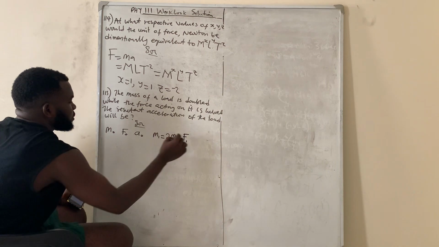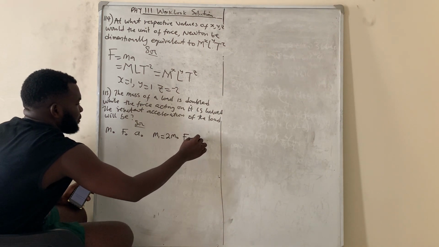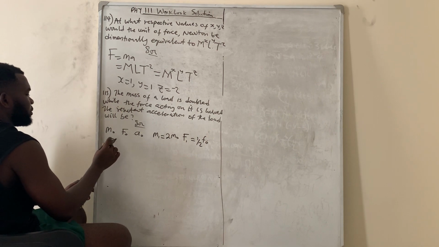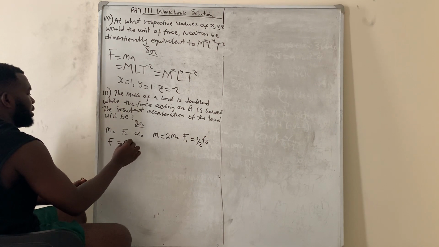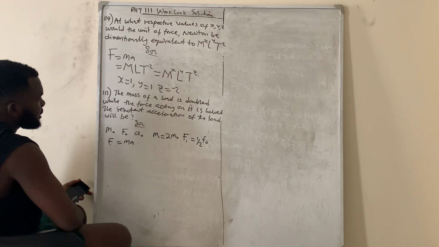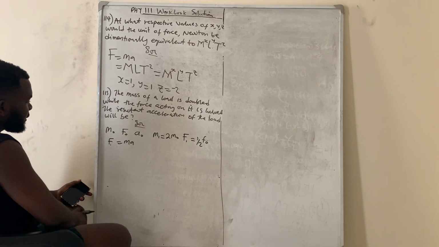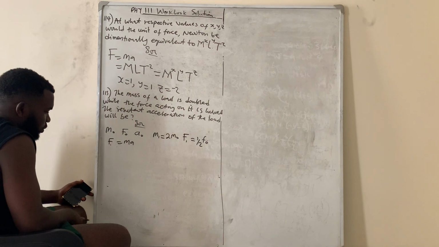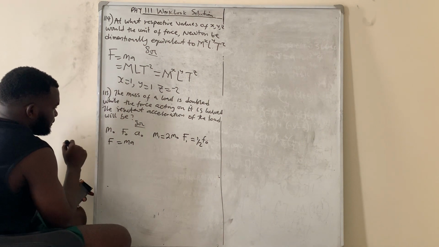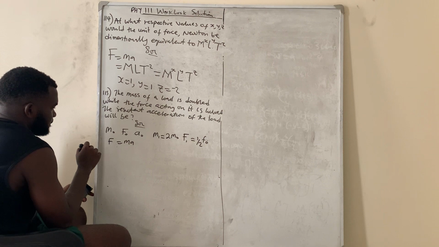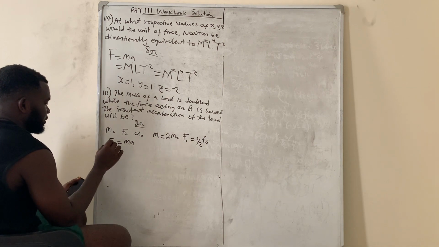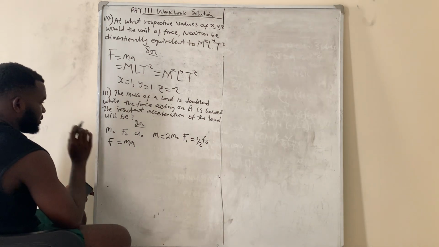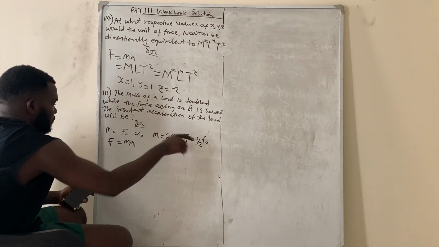The second force will be half of the first force. But I know that F is equal to ma. They are asking us for a. Let me say F1 is equal to m1 a1. But my F1 is equal to 1 over 2 F0.